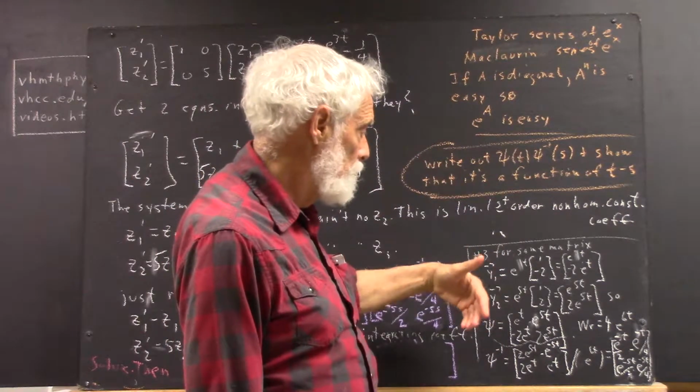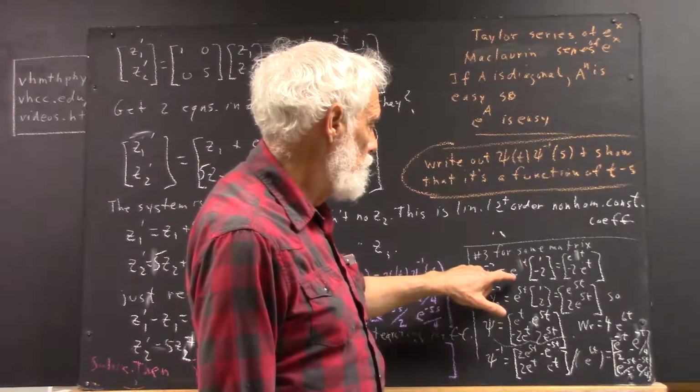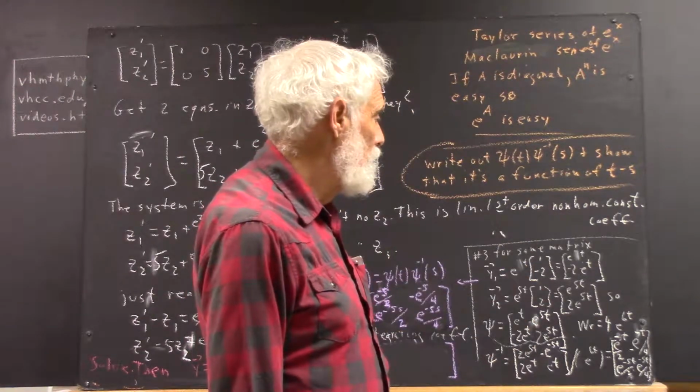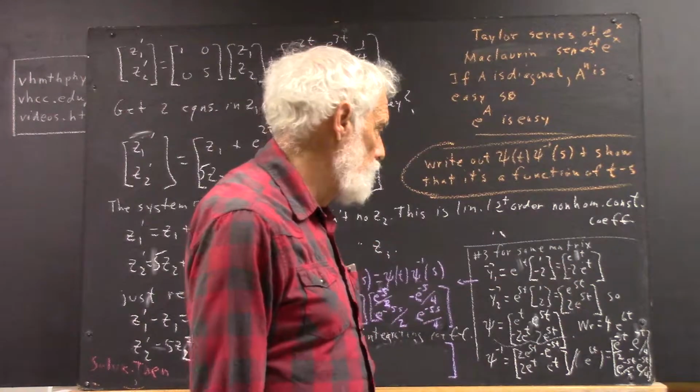It's just that when we're solving the system, we're going to do e to the lambda t times the eigenvector to get the solution vector.